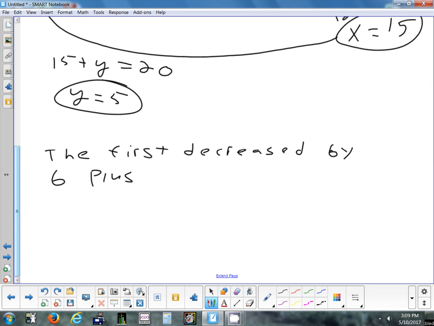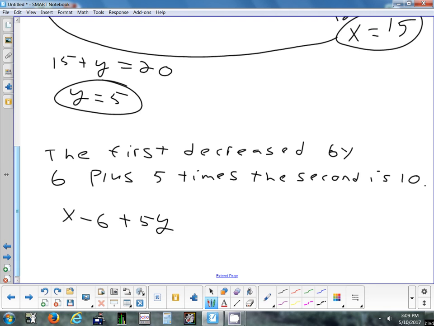This is just trying to make it as confusing as I could to see if we could do it. How would you write that? X minus 6, yep, plus 5y equals 10. Yeah, that's about as confusing of wording as you could have. I don't think there's any quite that bad.